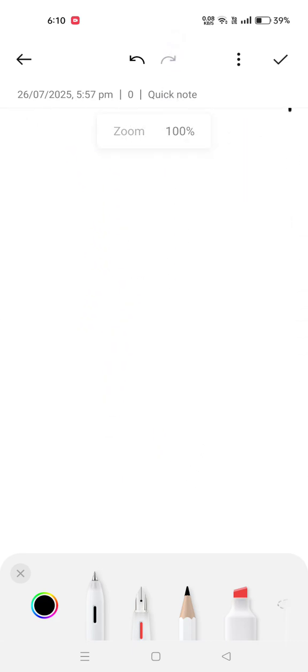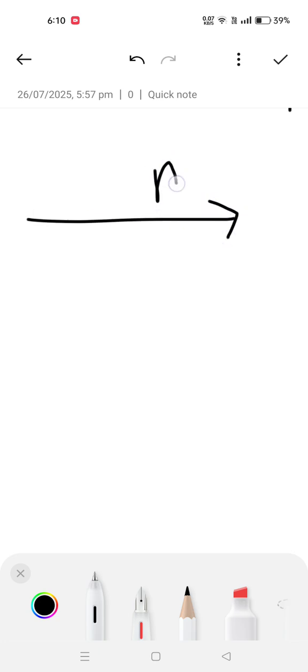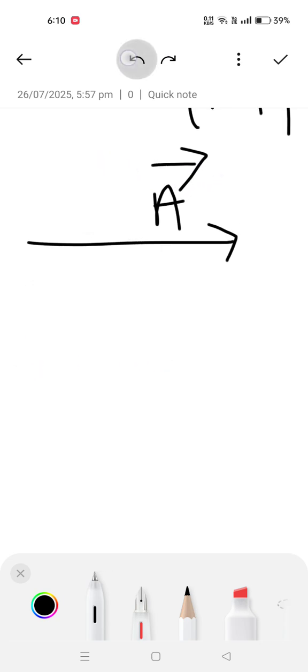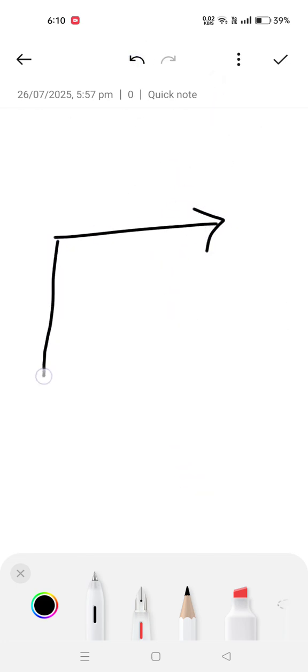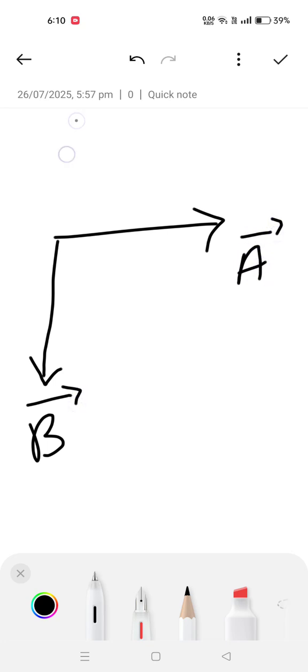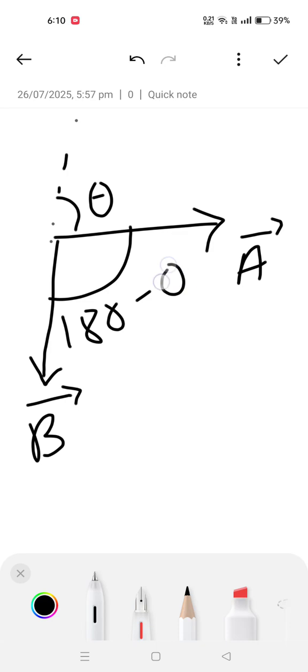Next, we have subtraction of two vectors, which is basically subtracting one vector from another vector. Supposing this is vector a, and this is vector b, wait, let me draw it again. Okay, so this is vector a, this is vector b, and supposing here there is theta angle, so this would become 180 minus theta.